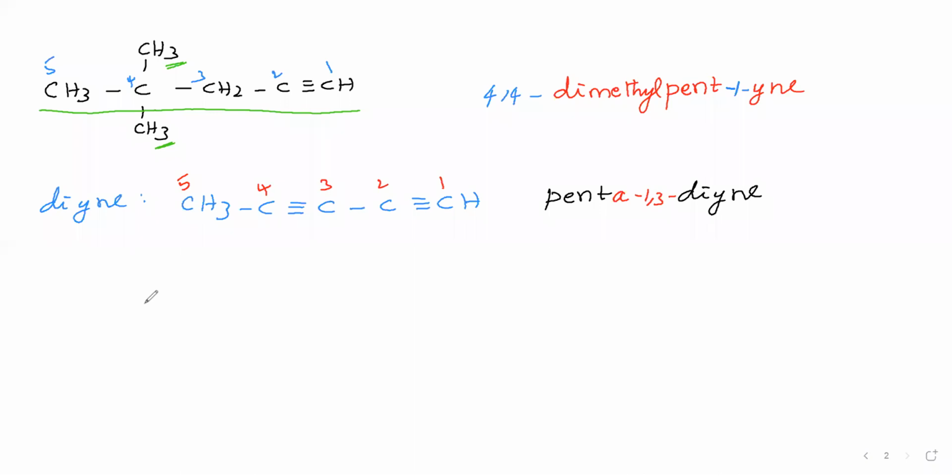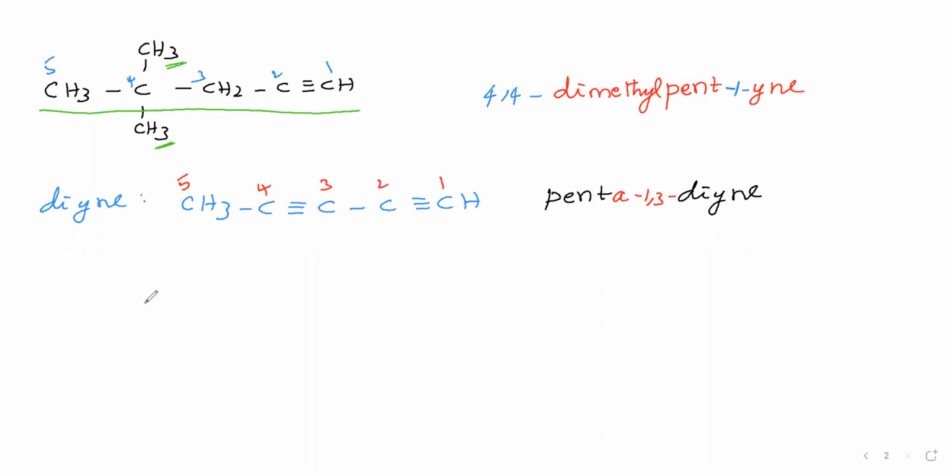Next we will see functional groups. So far we have seen double bond and triple bond. Now other functional groups we will see. Other functional groups are those that contain a heteroatom, meaning atoms other than carbon and hydrogen, like oxygen, nitrogen, sulfur, and so on.